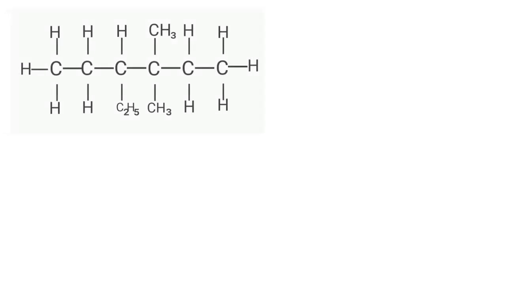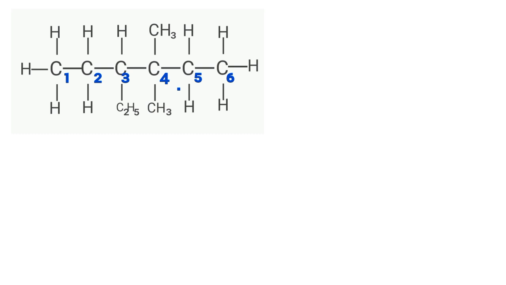Now, let's take this example. The first thing we have to do is to identify the longest continuous carbon chain. And in this case, we have 1, 2, 3, 4, 5, 6. So the longest continuous carbon chain is 6, which is hexane.